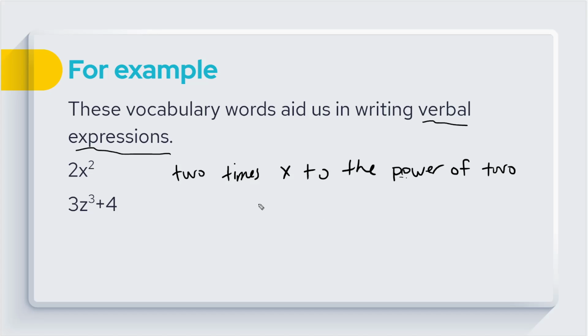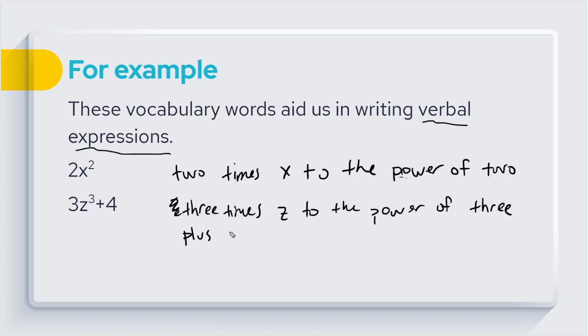You could also say that this is 3 times z to the power of 3 plus 4. So now we've written verbal expressions from these algebraic expressions with the help of our vocabulary words.